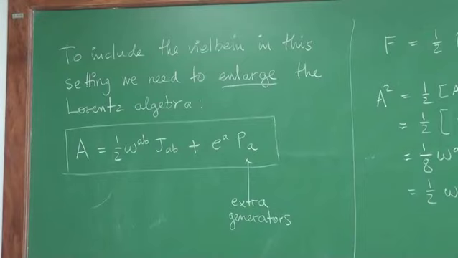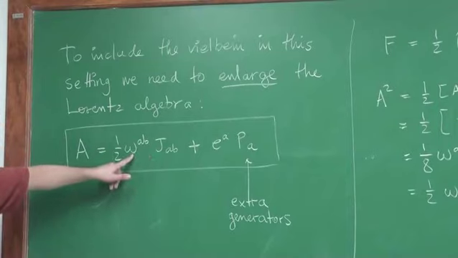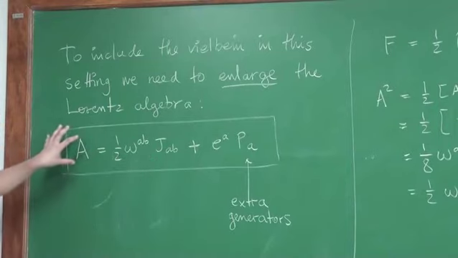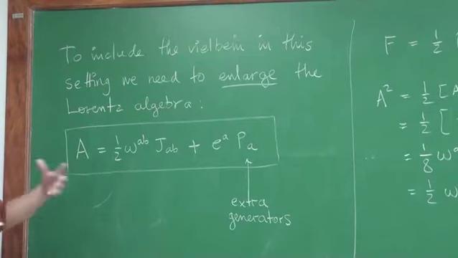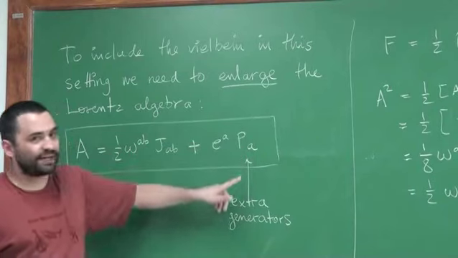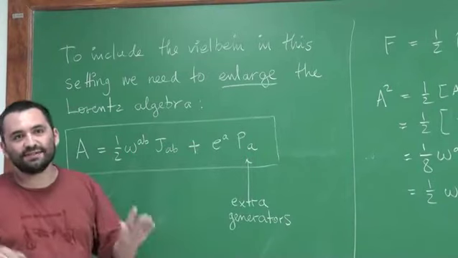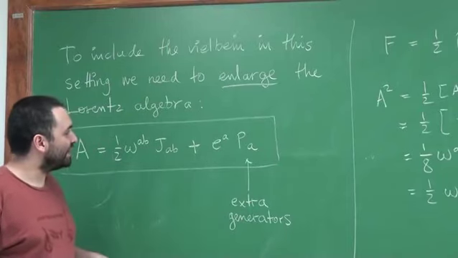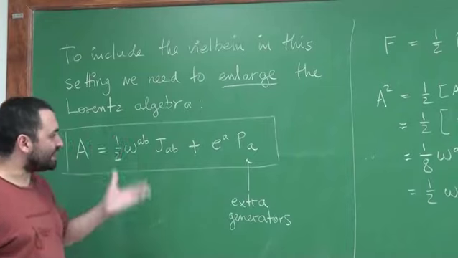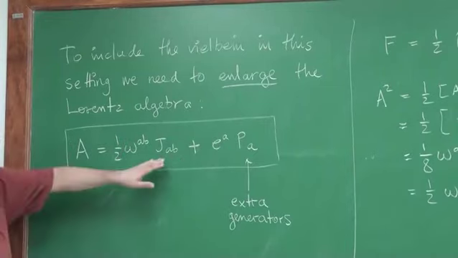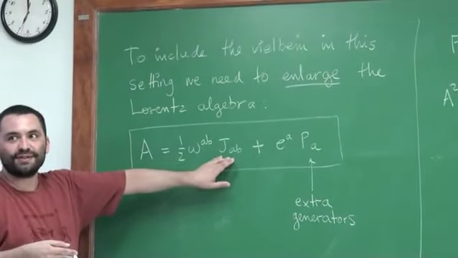That's the thing we want to see if it works. So that's the idea. To think of the field line and the spin connection as different components of a single connection. And for this we need to enlarge the Lorentz algebra to include extra generators, which I'm calling P_A, just to give you a hint. And these extra generators have to form a new algebra including the Lorentz generators.